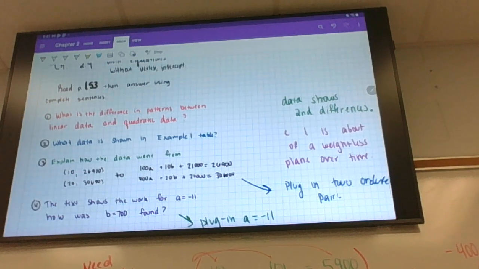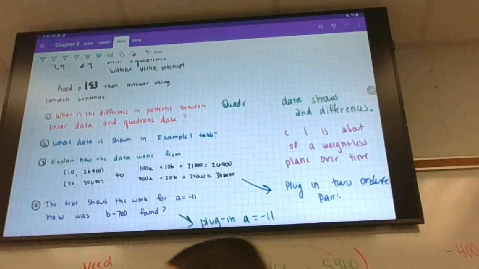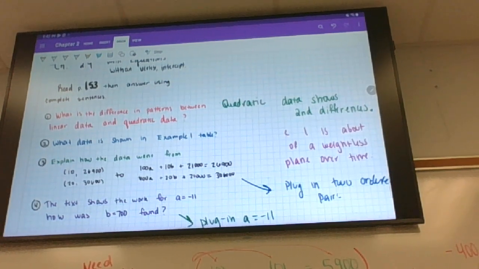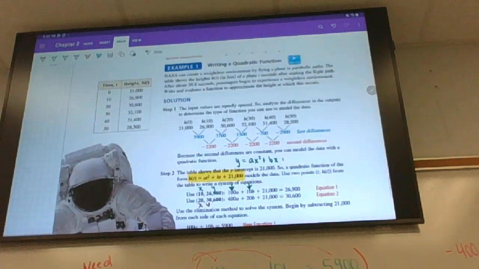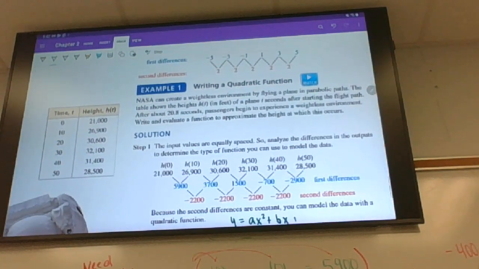What is a weightless environment? Specifically though, it's talking about something that NASA created to give you a weightless environment. What is it? It's an airplane. Yeah, they're talking about an airplane.